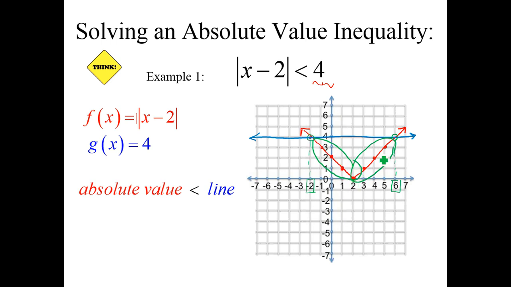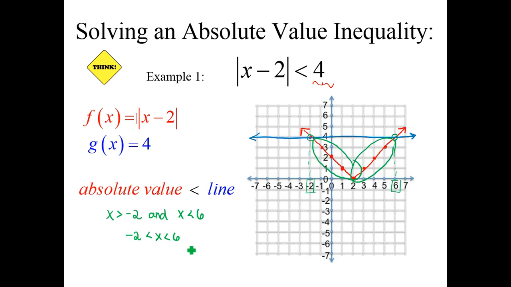So between -2 and 6 is where the red is less than the blue, or the absolute value is less than the line. If I were going to write that as an inequality, I would say that x is greater than -2, and x would also be less than 6. I could write that as one inequality as well: -2 is less than x, which is less than 6.